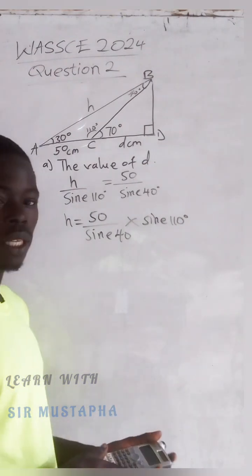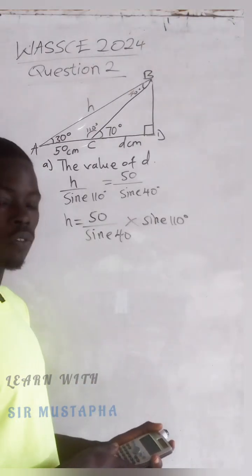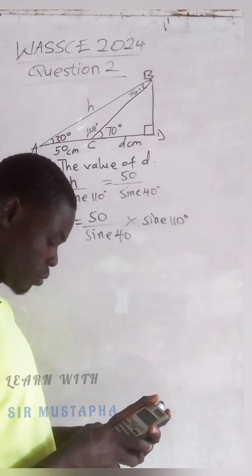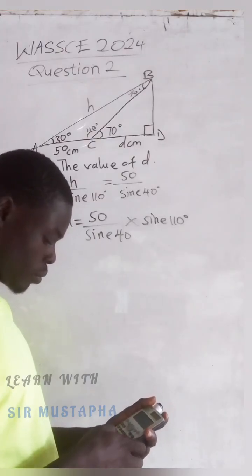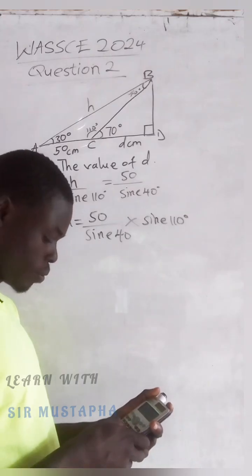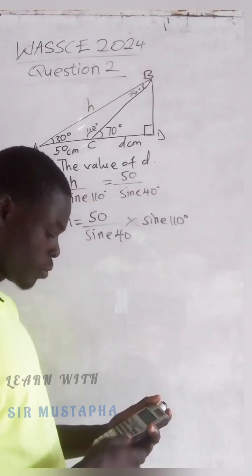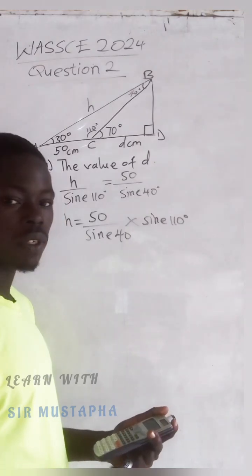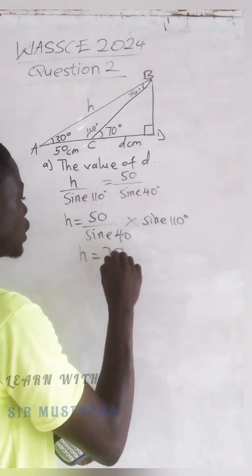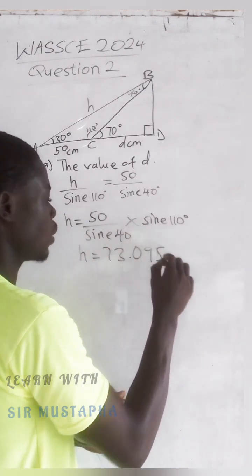This is my calculator, and we have to punch 50 over sine 40 multiplying sine 110. We are going to get H equals 73.09511.